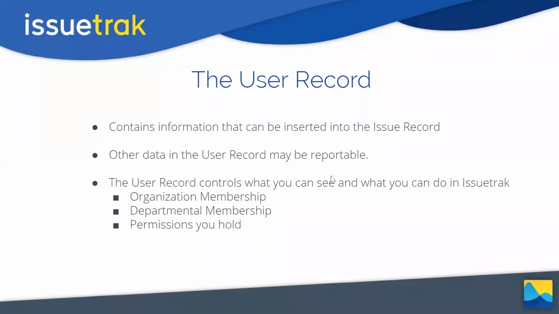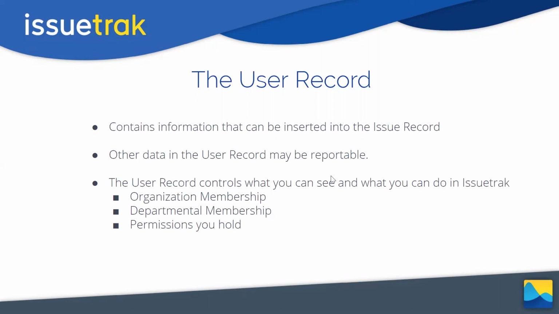There's other information within your data profile that can also be reportable to management. But for the most part, the biggest pieces are the organizational membership, the departmental membership, or the location information.